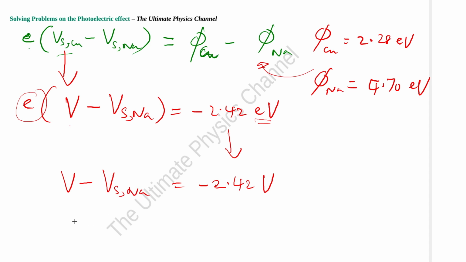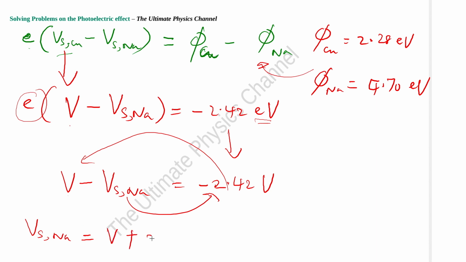If you take the stopping potential for sodium to the right side and bring it here, we can finally write the stopping potential of sodium in terms of the stopping potential of copper, which is V in this case, as V plus 2.42 V.